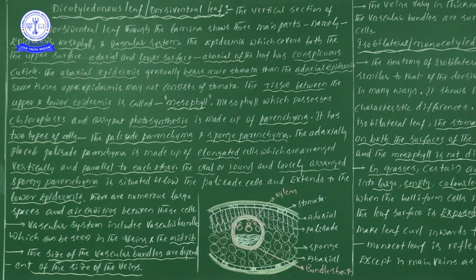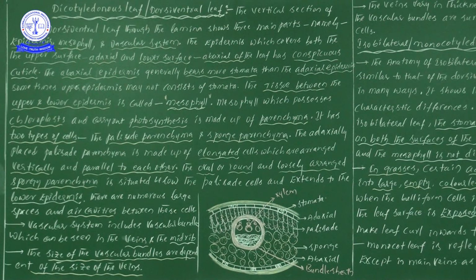Listen carefully. In comparison of upper epidermis and lower epidermis, we can find the presence of more stomata on the lower surface. On the upper epidermis the number is lower when compared to the lower epidermis.